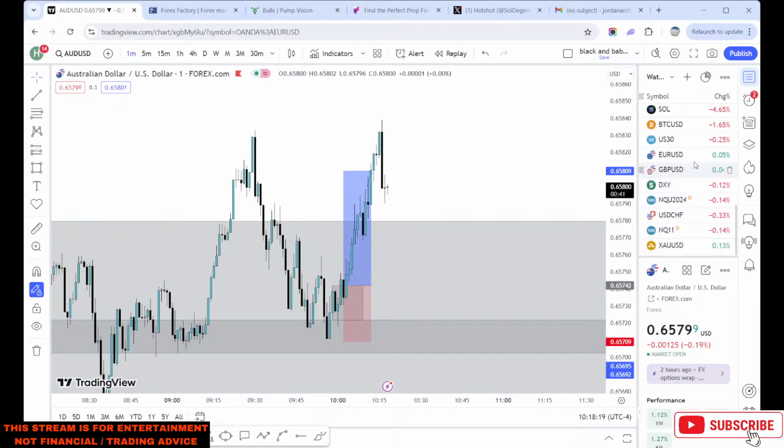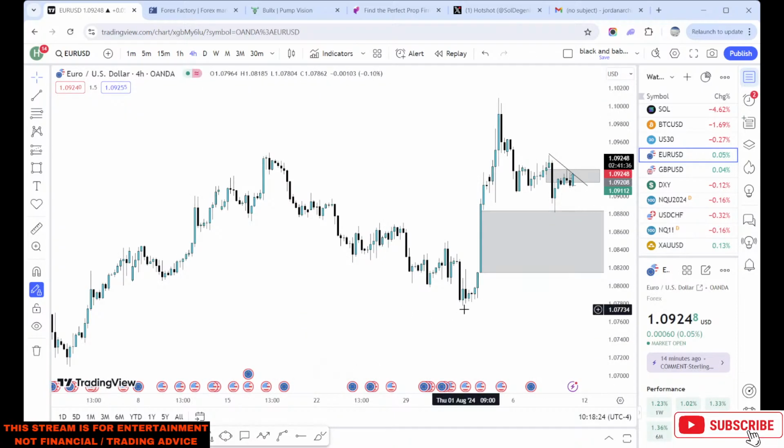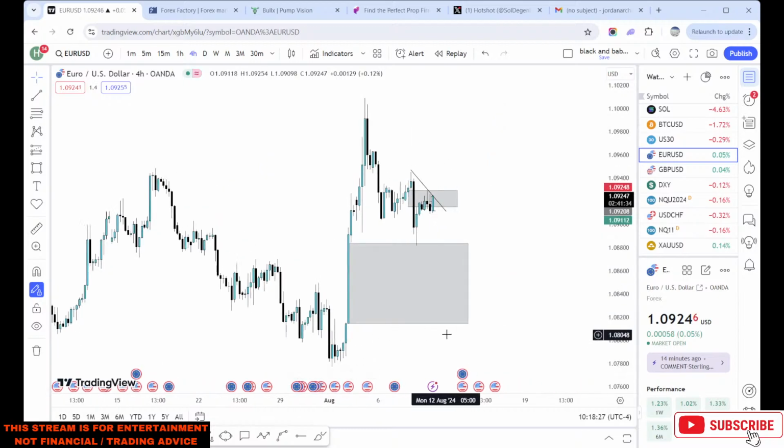That was what I was looking at for AUD USD. Now Euro USD took a loss. It's all a part of the game, right? Now, why was I looking at Euro USD to sell? Well, it had this big bullish push up. And if we notice, as it was retracing into potential areas of interest, it was doing little expansions and retracements into internal range liquidity, respecting the bearish fair value gap, expanding into external range liquidity, and creating another fair value gap.